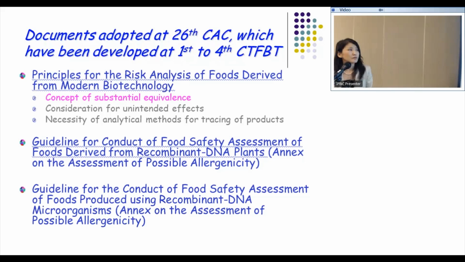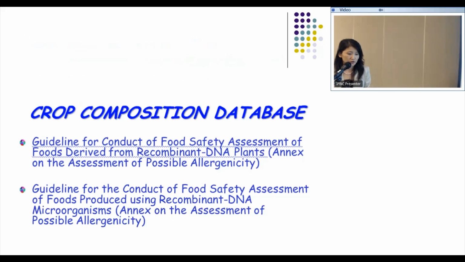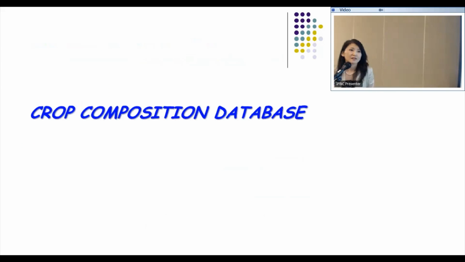So therefore, there is general consistency in the individual countries' approaches to the safety assessment of GMO as food. Then I'd like to move to today's main topic, the crop composition database.